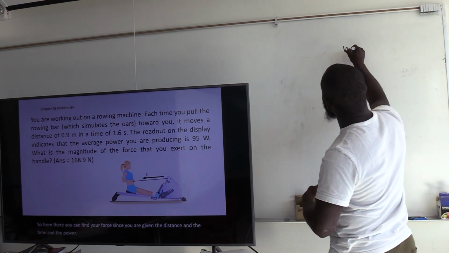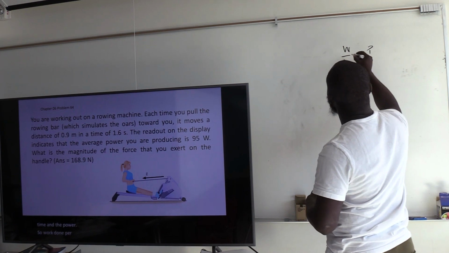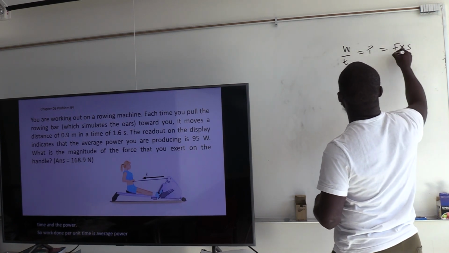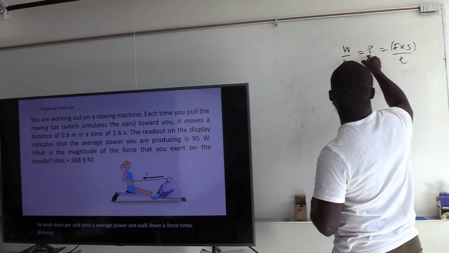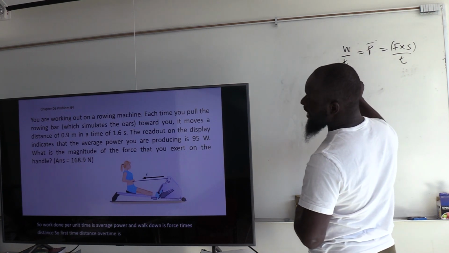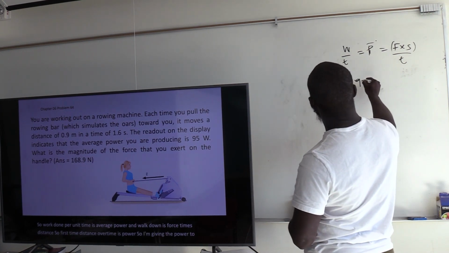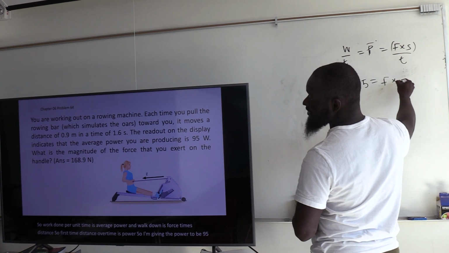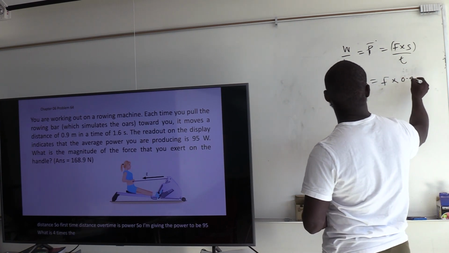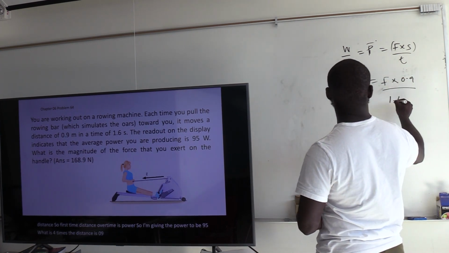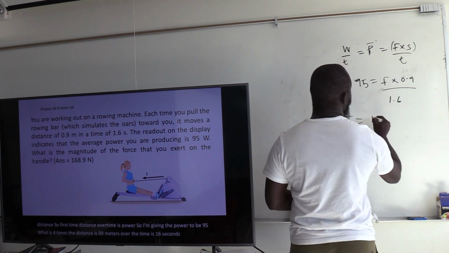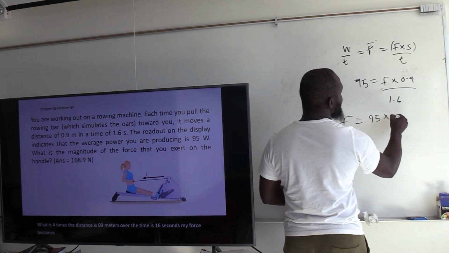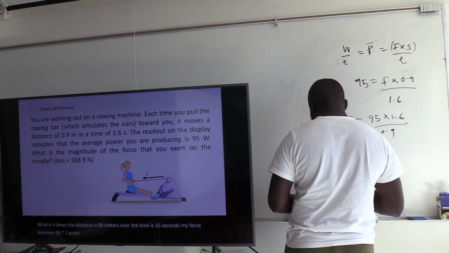So work done per unit time is average power, and work done is force times distance. So force times distance over time is power. I'm given the power to be 95 watts, the distance is 0.9 meters, and the time is 1.6 seconds. So my force becomes 95 times 1.6 divided by 0.9, and that problem is solved.